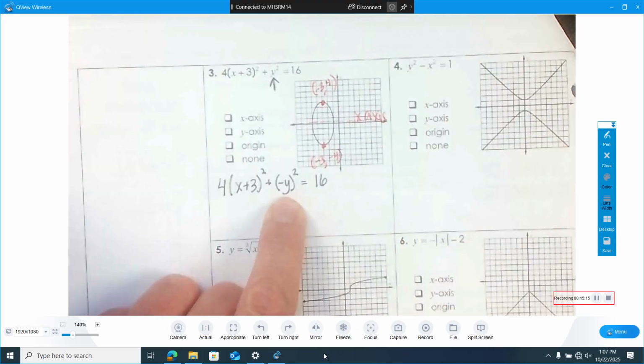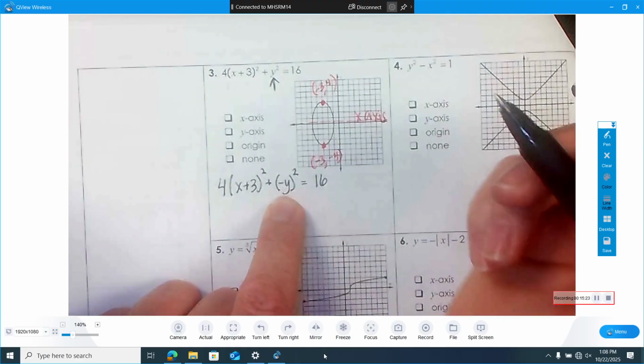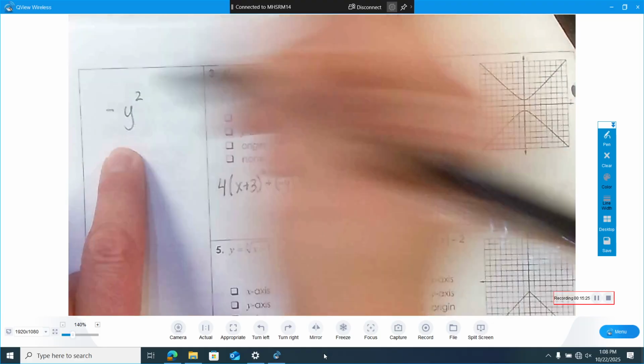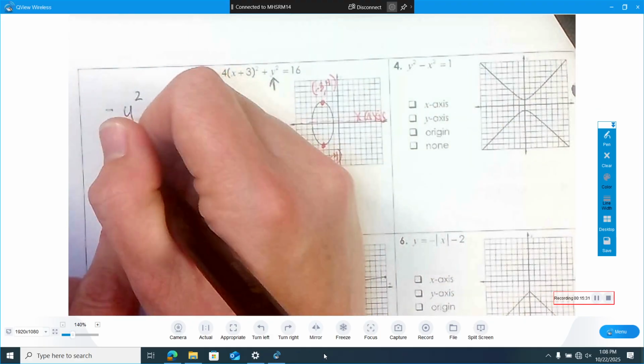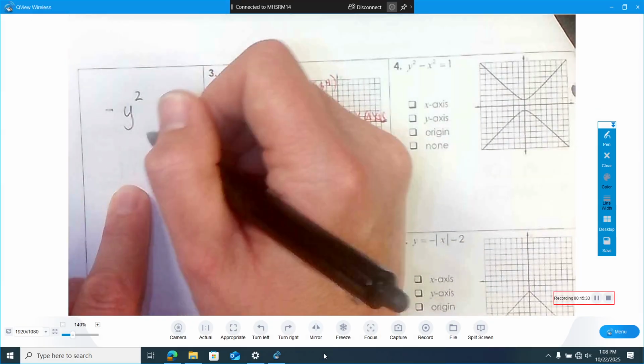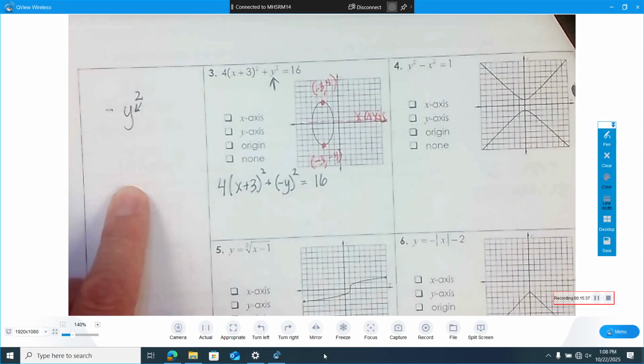Again, here's the important part. Notation. Notation is the important part. I just need to reiterate, negative y squared means what? Okay, the 2 only affects the y, so it says repeat the y 2 times.